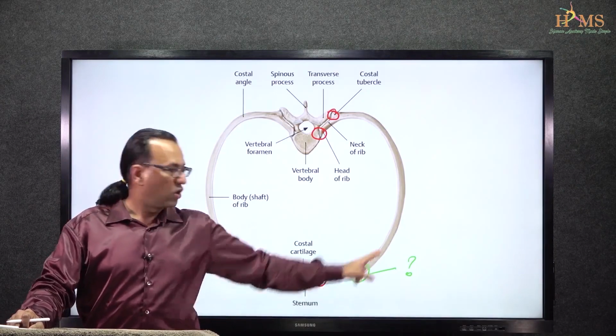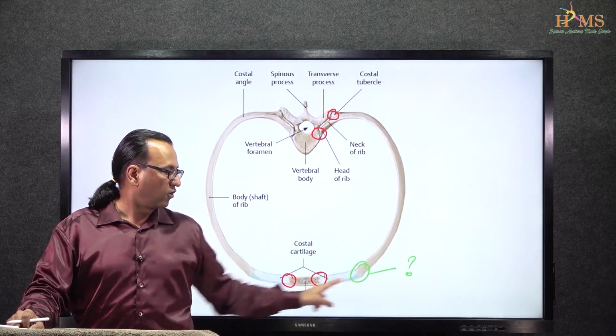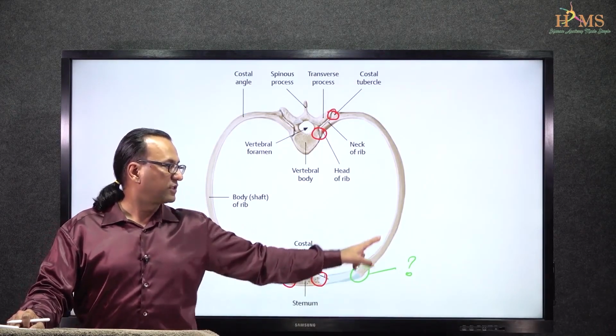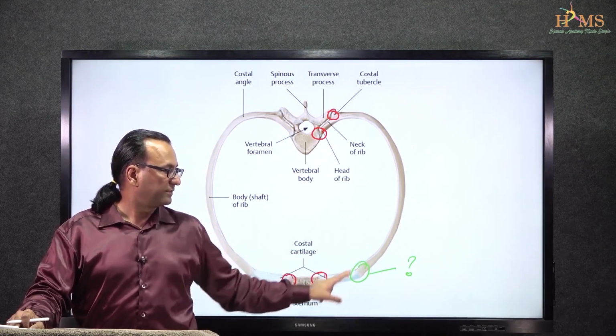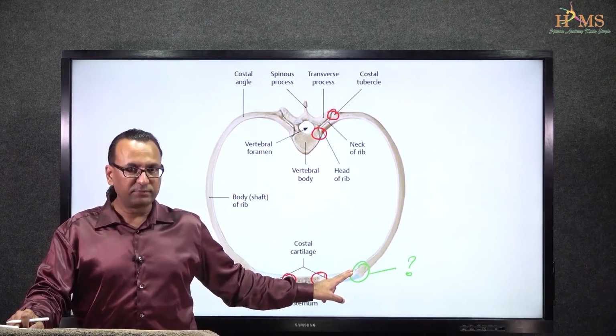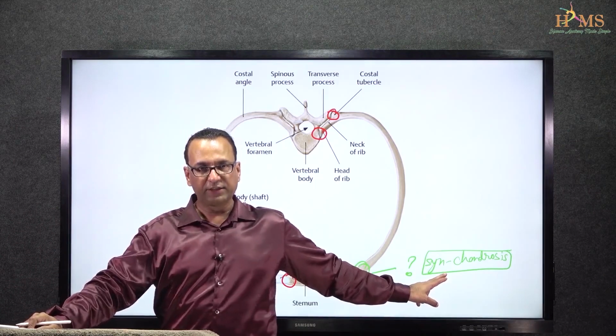This is called the costochondral joint. Costo means the rib and chondro means the cartilage, costal cartilage. So if it is the costochondral junction, then it is not a synovial joint. We call it a synchondrosis joint or primary cartilage joint.